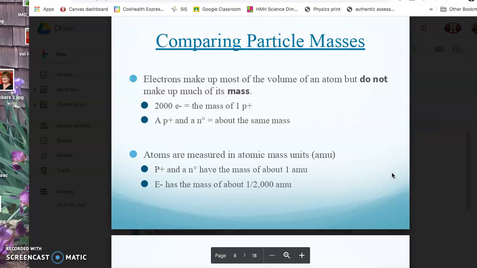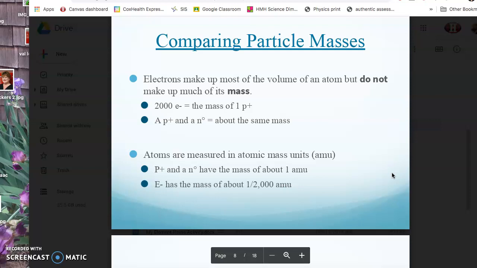So it's going to take 2,000 electrons just to equal the mass of 1 proton. Okay, they are very, very small comparatively in mass. So a proton and a neutron have about the same mass. They're measured in atomic mass units. One proton or one neutron have the mass of about 1 atomic mass unit.